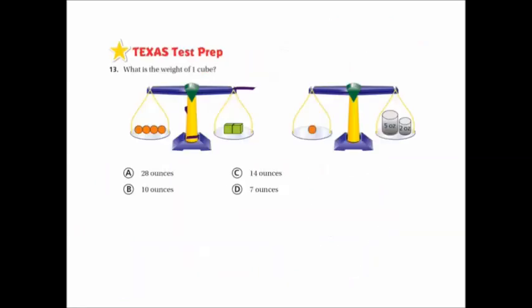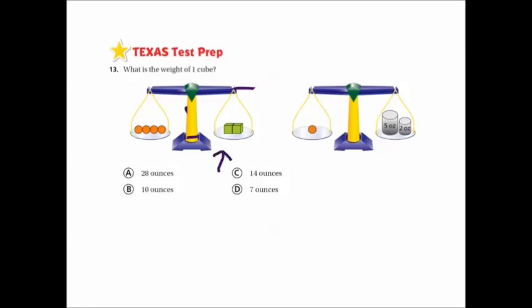So here's kind of a multi-step problem from the book. It's not a word problem, it just gives us a couple of balances, and we have to figure out what the weight of one of these green cubes is.